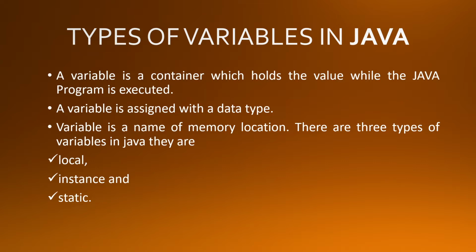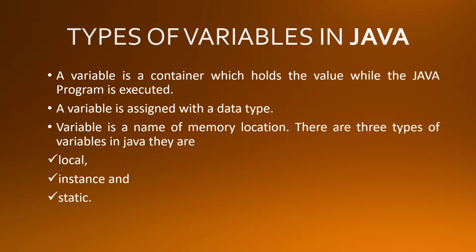Here a variable is assigned with a data type. There are two types of data types: one is primitive data types and the other is non-primitive data types. Primitive data types include integer, character, string, and also long, double, float.